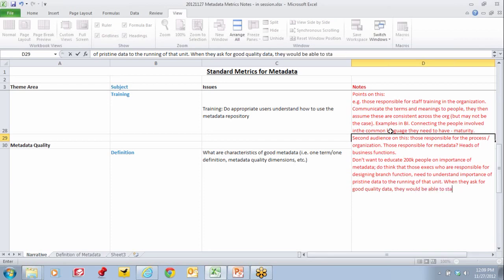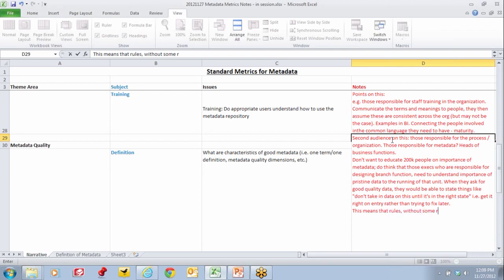I think that if we can help executives that are responsible for business functions understand when data problems disrupt their organization or create exception conditions, that is a huge driver for asking for improved data quality, which drives metadata management and maintenance.